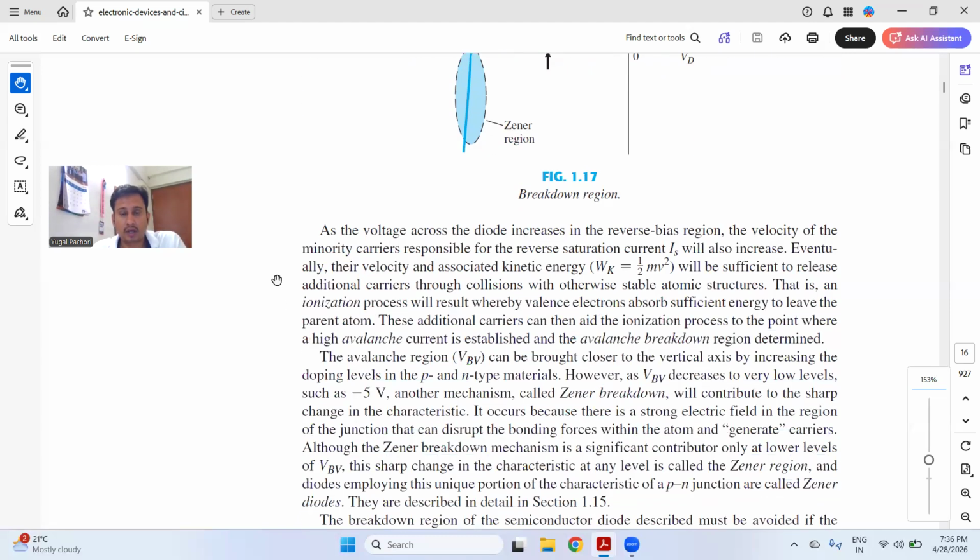Now moving on to our next topic. There are two types of breakdown. One is avalanche breakdown, and the other is Zener breakdown. The Zener breakdown is due to heavy doping, and it occurs at a different voltage, whereas the avalanche breakdown is due to impact ionization, and it occurs at a different voltage. One occurs at low voltage and the other occurs at high voltage.